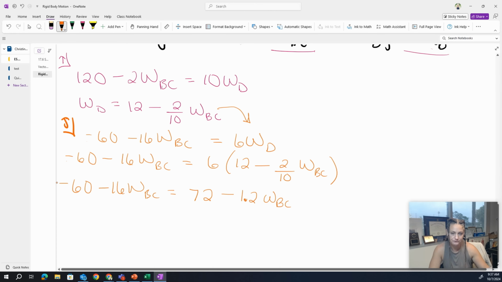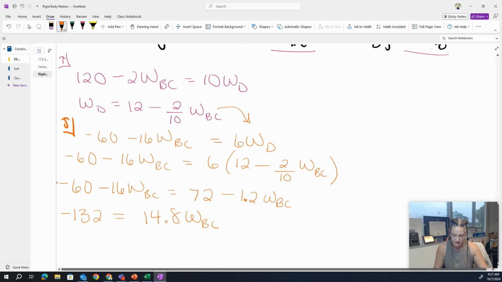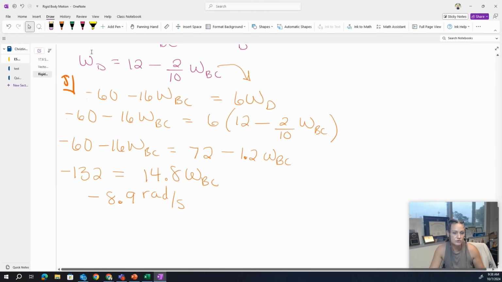omega BC. So I'm going to subtract 72, and I'll get -132 equals, I'm going to add the 16, so that's going to be -1.2 plus the 16, which would be 14.8 omega BC, and then -132 divided by 14.8, I'm going to get -8.9 radians per second. So this is equal to omega BC.